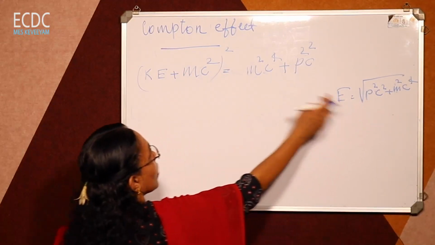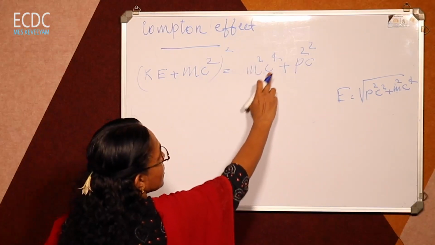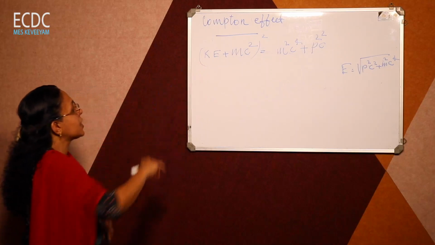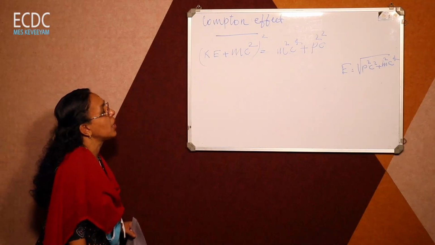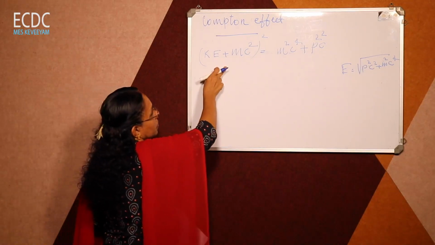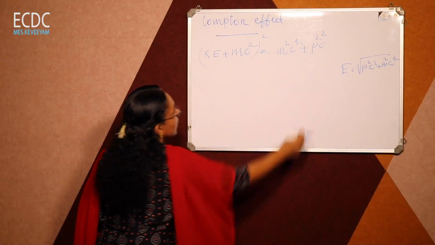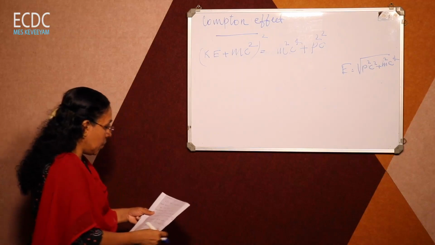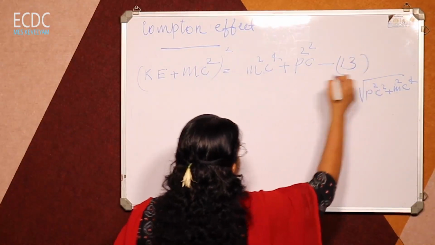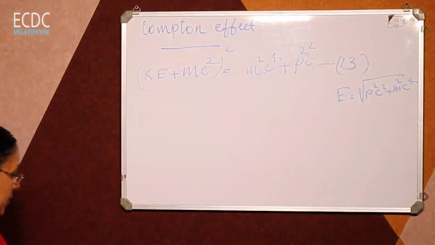Equating these, we can write kinetic energy plus mc squared equal to the square root of m squared c raised to 4 plus p squared c squared. So squaring this, you will get Ke plus mc squared, whole squared, equal to m squared c raised to 4 plus p squared c squared. That is another expression for energy, kinetic energy plus mc squared. So put it as equation 13. This is from the relativistic part.